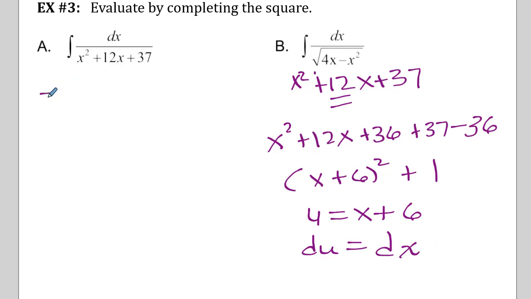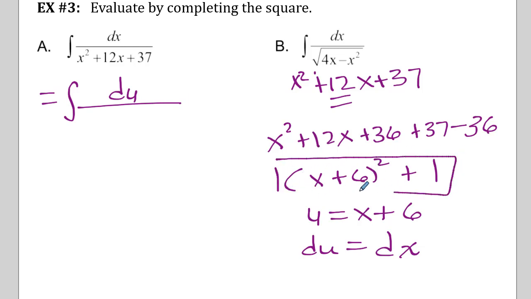So this is the integral of dx, or if we rewrite it in terms of u and du, we've got du over u squared. This is our equivalent expression for what we had in the denominator. We don't like to skip too many steps in our work, so let me do this.